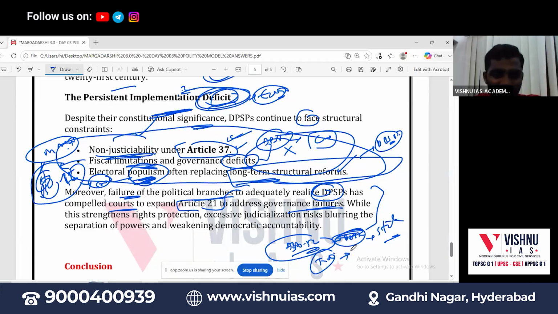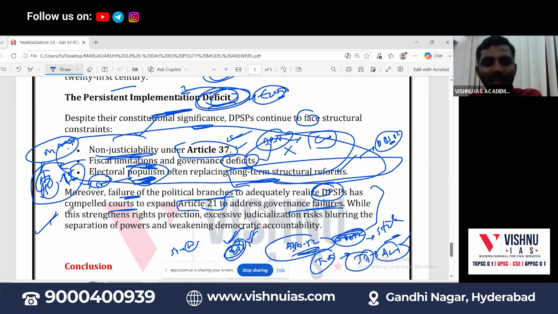This is called judicial activism, if you know that. Through that, Article 21 is expanded. Instead of the state giving shelter, now the judiciary says the right to shelter is a part of Article 21. So it's an alternative route to the legislative or executive role. In a way, the judiciary can also play a role in the realization of the DPSPs.